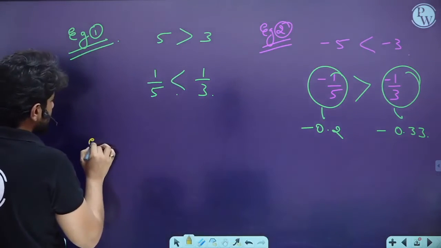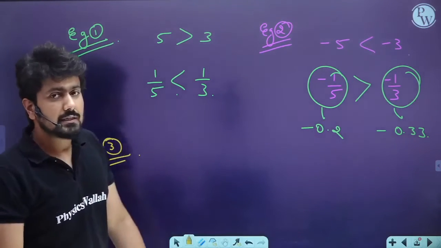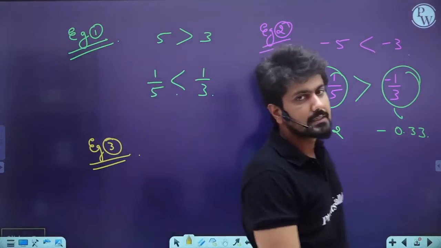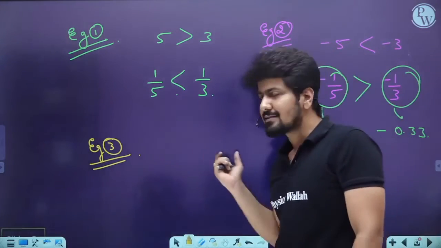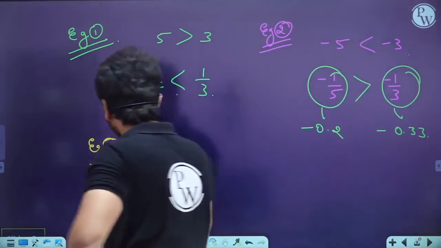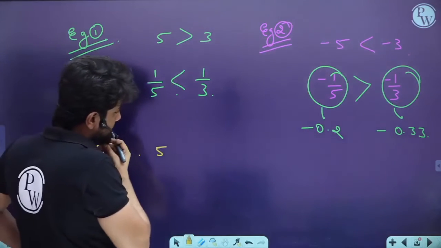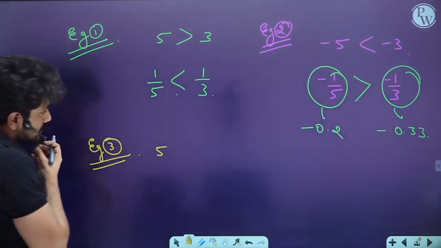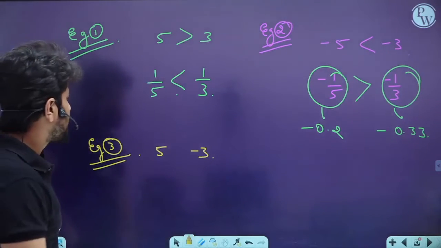I don't want to go into much detail and confuse you, but it is very important to understand that this reciprocal rule does not work if both sides are of different sign. Suppose we talk about 5 and -3.